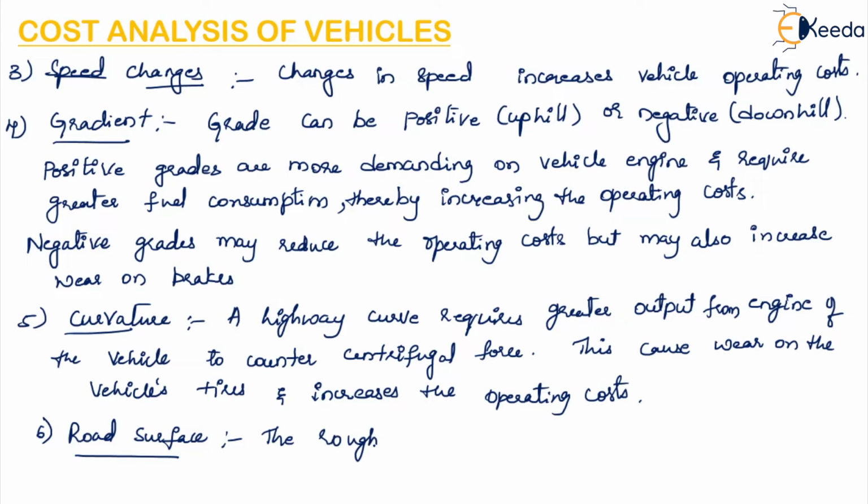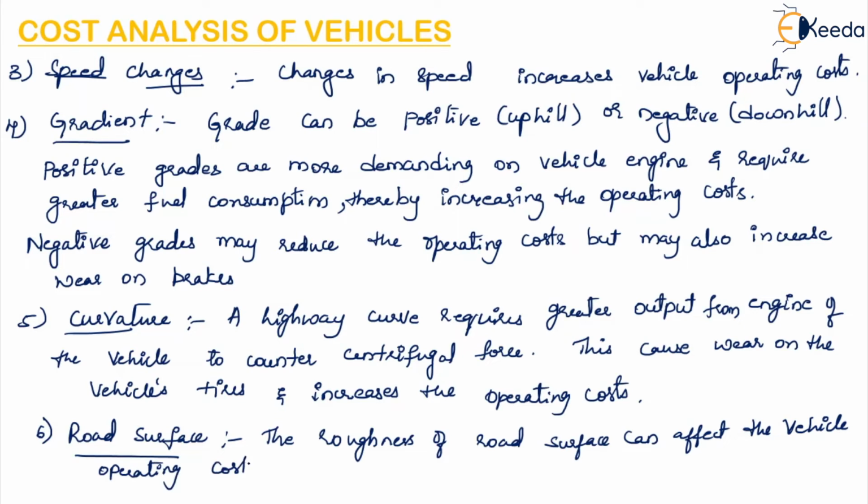So the roughness of road surface can affect the vehicle operating costs by affecting rolling resistance.